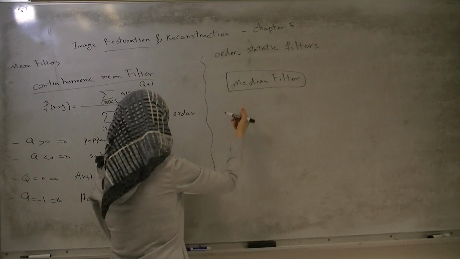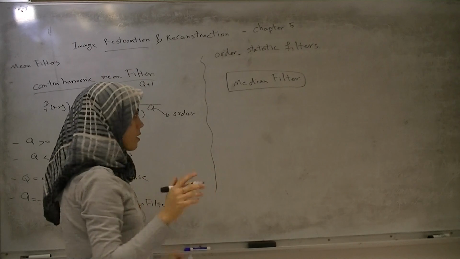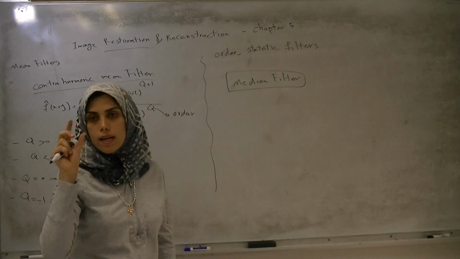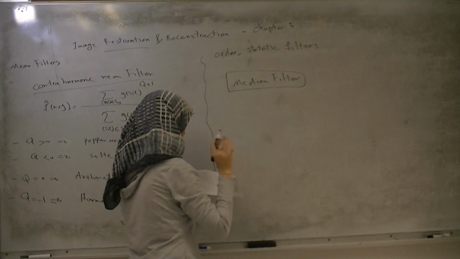For this one, we just replace the value of the pixel by the median of the S_xy after sorting the pixels.